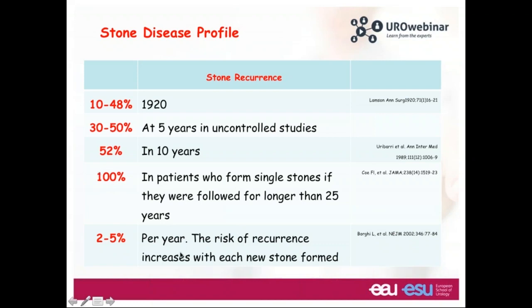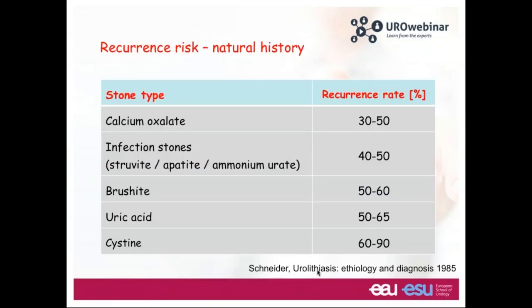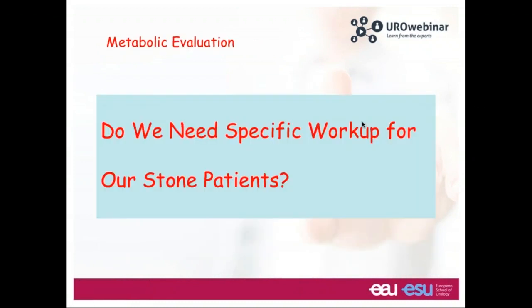And the risk of recurrence increases 2 to 5% per year for each new stone that the patient forms, irrespective of the stone type. We all know that non-calcium stones, like the infection stones, brushite, uric acid stones, or cystine stones, are prone to recur highly. But also with calcium oxalate stones, half of our patients can have a stone back.